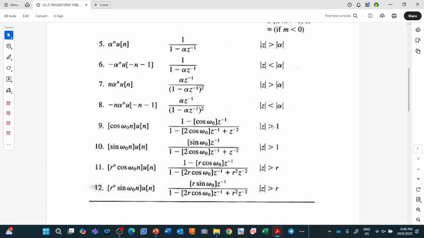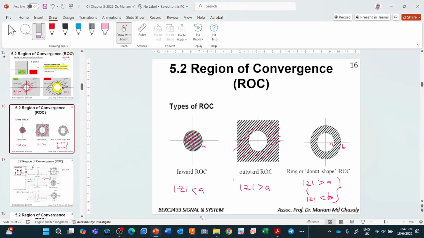So the region of convergence is Z less than alpha. It looks the same for the Z transform here. Later we will derive why for this discrete time you get the same equation, but the region of convergence is different. So this is the second one, region of convergence.